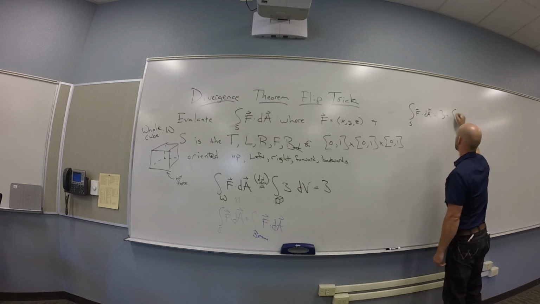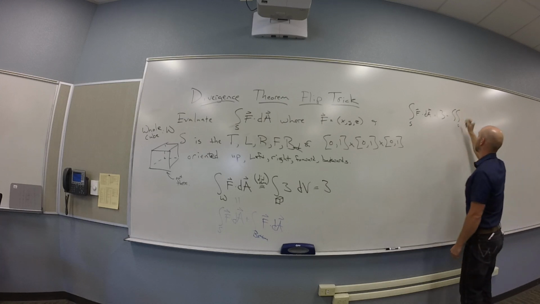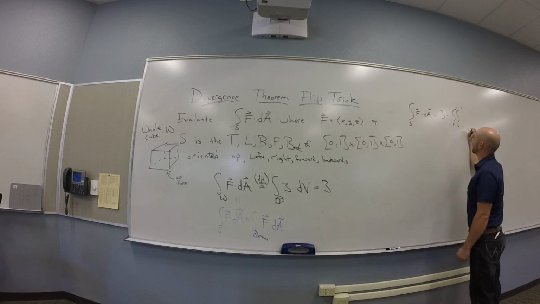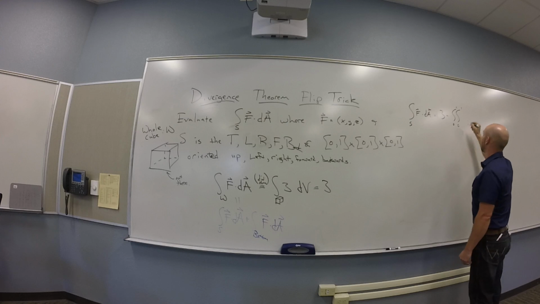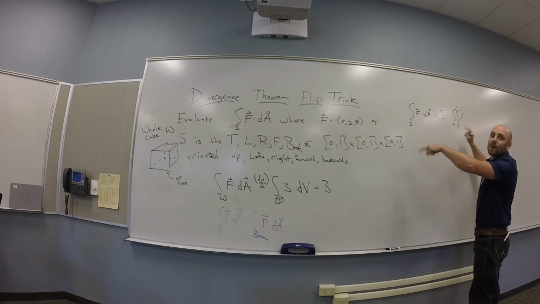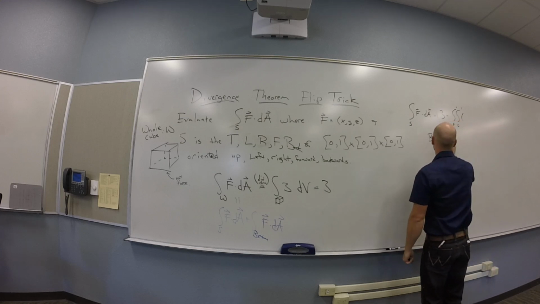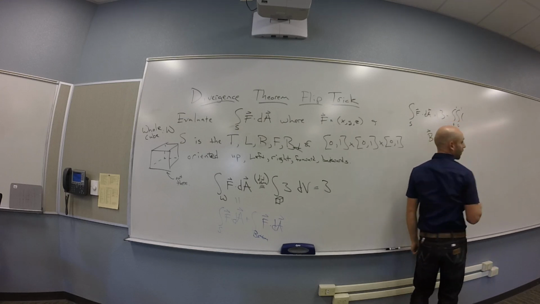So that's going to be a double integral, 0 to 1, 0 to 1, and then this should be your f evaluated at the bottom. What's the bottom parameterized? It's x, y, 0.